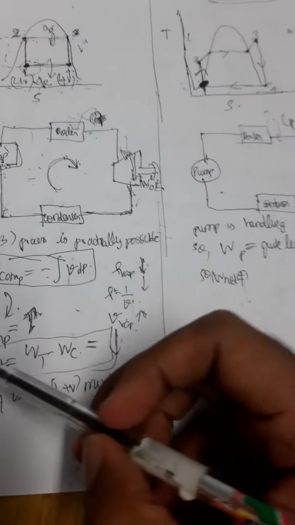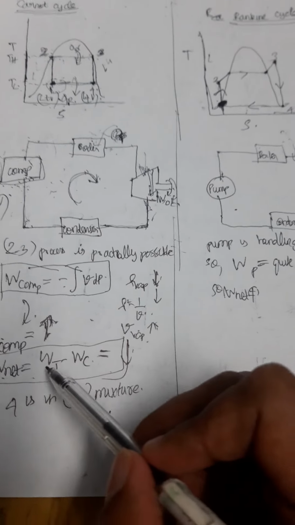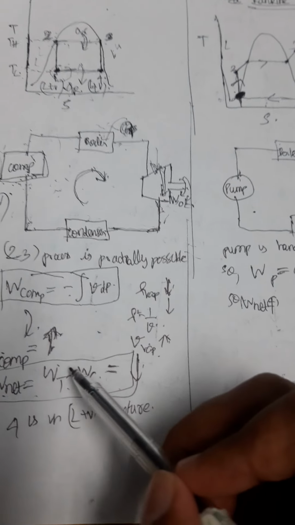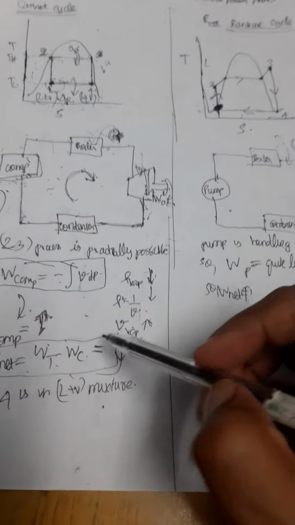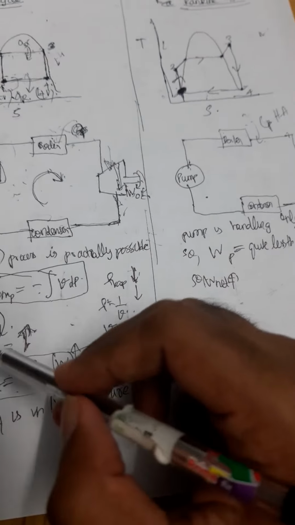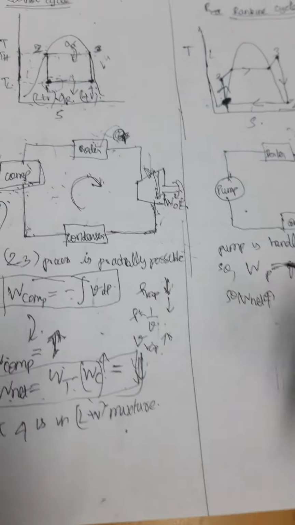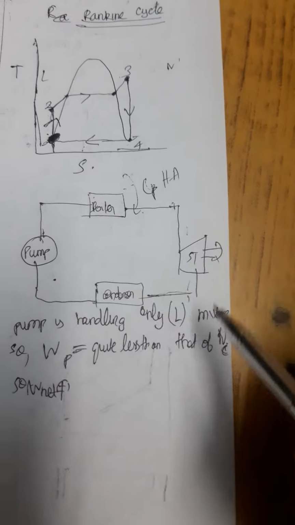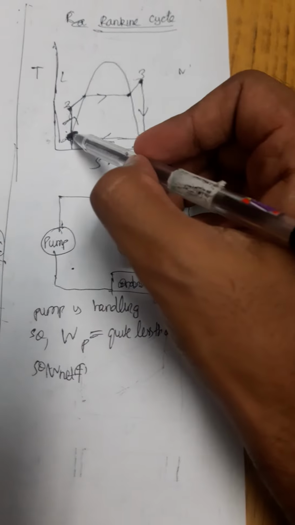So the net work done, which is equal to work done by turbine minus work done by compressor, is going to decrease. Since the compressor work is going to increase, the net work done, or the power output we are going to get, is very low. But in the Rankine cycle, this pump is handling only liquid.